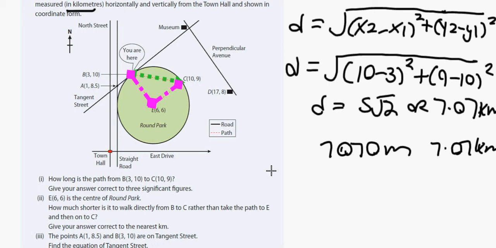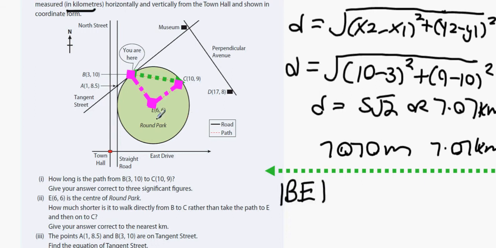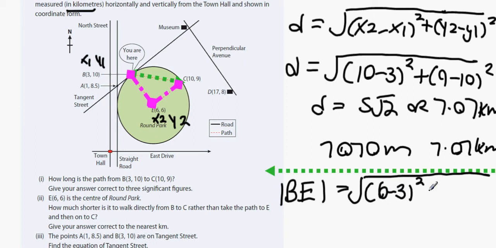So what we're going to do is find the distance from B to E and then E to C. So the length of BE, and we can call E x2, y2, and we're going to call B x1, y1. So we're going to get the square root of x2 minus x1, so that's 6 minus 3 squared plus y2 minus y1, 6 minus 10 squared.